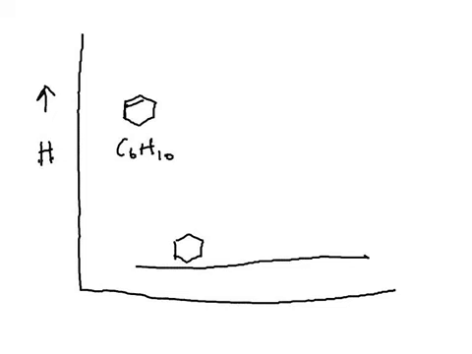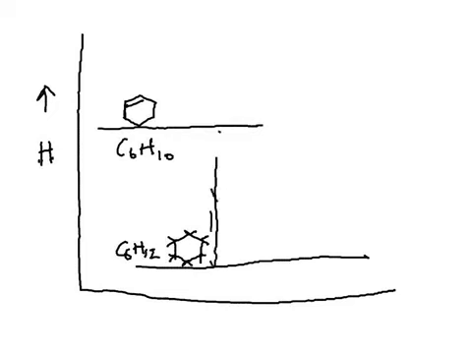Remember, we've got a carbon at each of these corners, and each carbon additionally has 2 hydrogens. It's got a formula C6H12, and it's known as cyclohexane. Now, the enthalpy change for this reaction is minus 120 kilojoules per mole.